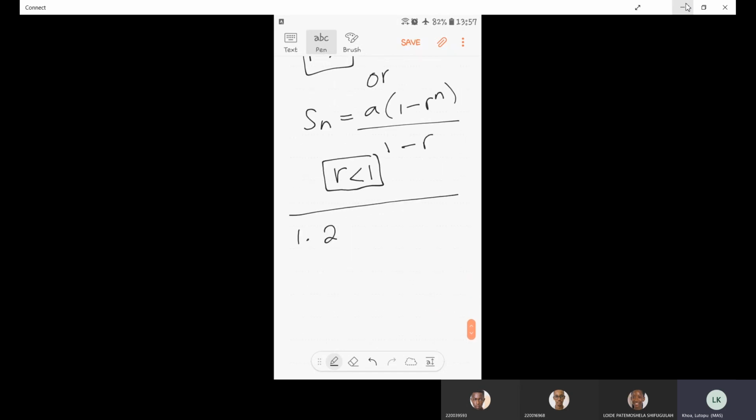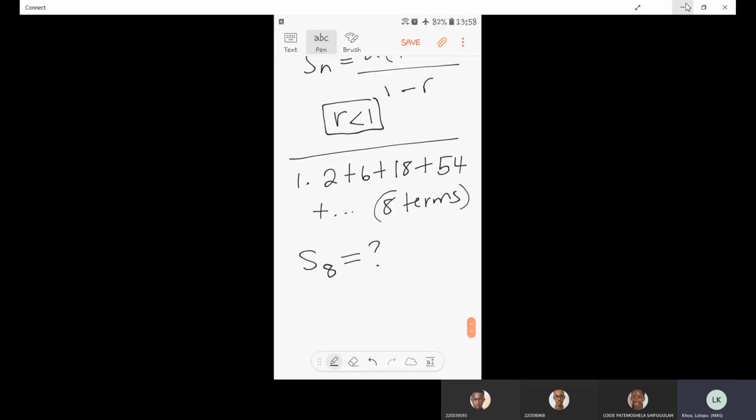First one, we're given this series, 2 plus 6 plus 18 plus 54, and then it continues until you have 8 terms. Now the question is, what is this S_8 equal to? So we want to find out what the sum of the first 8 terms in this geometric progression is.